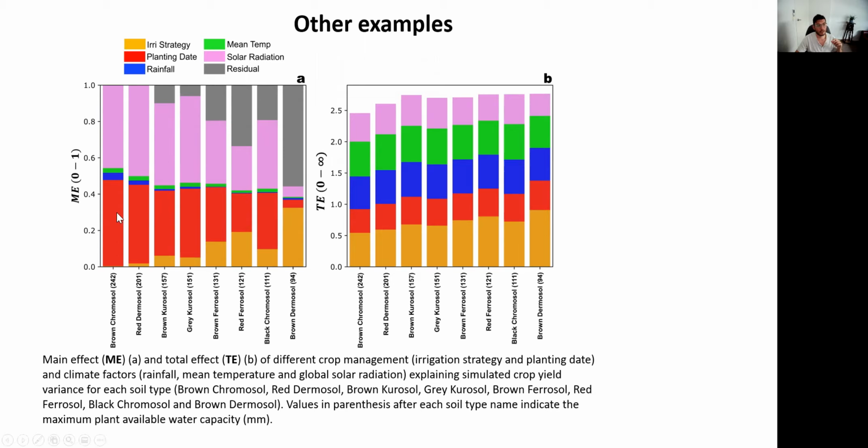When I am talking about importance, I am talking about the contribution of that factor to the variance of the model output, in this case tuber yield for potato. The same analysis can be applied for the total effect, compared with what we did before in the tutorial example.